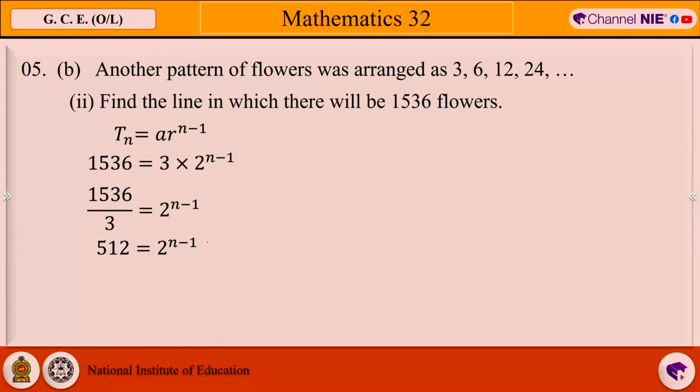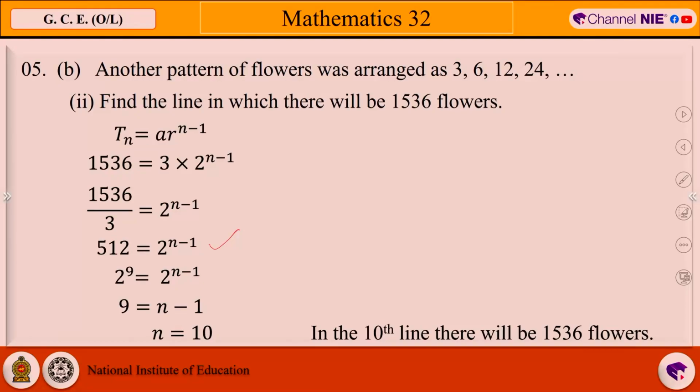Right. After obtaining this step, what you have to do? See, 512 can be written as 2 to the power 9. Now, in this equation, bases are same, so we can make equal the indices. So, you will get a simple equation like 9 equals n minus 1, and finally, you have n equals 10.